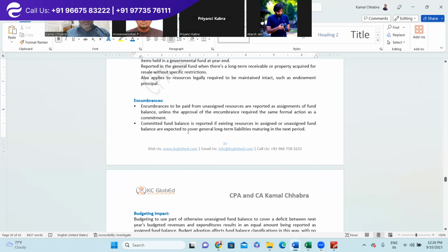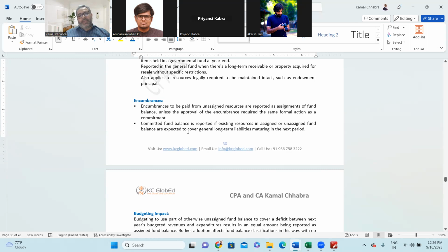And committed fund balance is reported if existing resources assigned or unassigned fund balance are expected to cover general long-term liabilities maturing in the next period. Encumbrance is basically the liability. If you have to make the payments of those liabilities, then how the respective fund balance will get reduced. That is what it is being presented here.